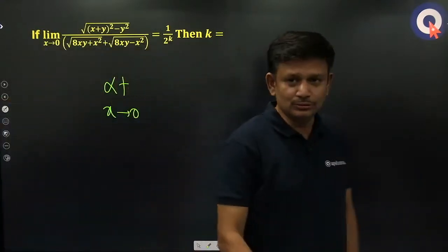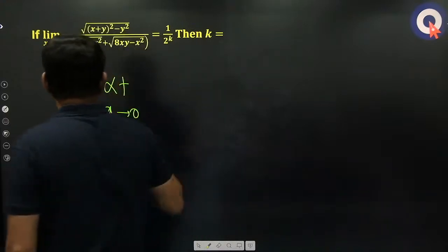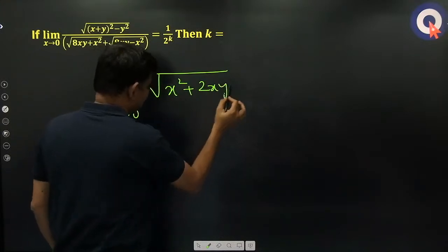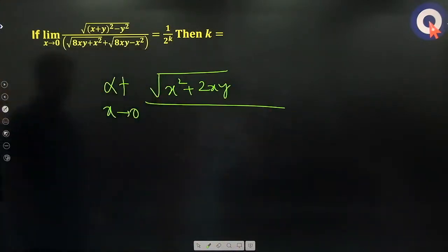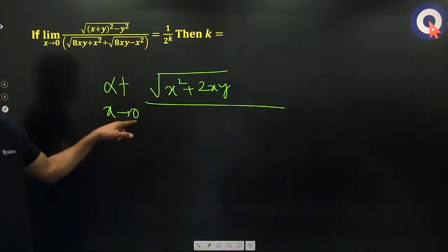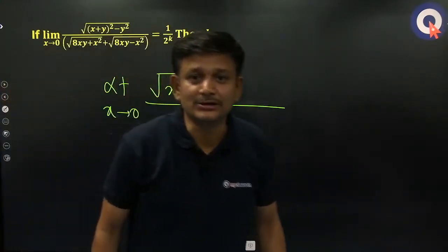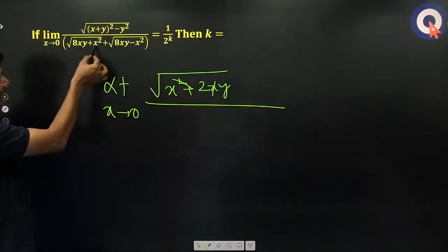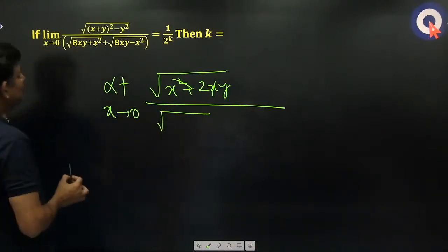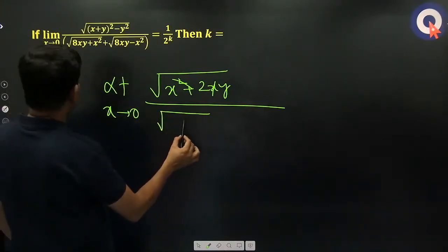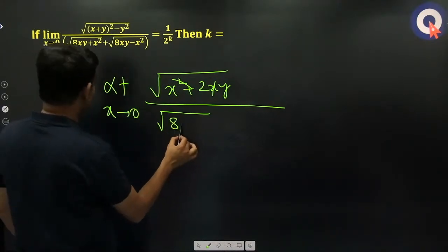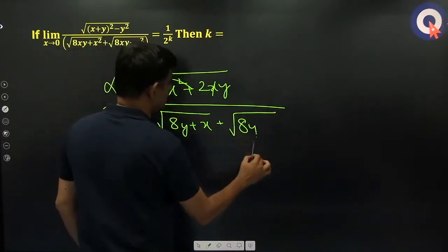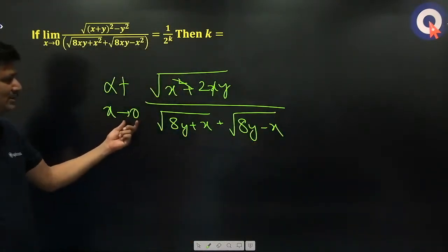Without which also, let me try to do it. y square is getting cancelled. So what is the numerator? x square plus 2xy divided by... no, here x is tending to 0, so x has to get cancelled. So I take one x outside and cancel it; here there is also an x, and here too, so it gets cancelled. Then what I am left with is root of (8y plus x) plus root of (8y minus x), and x is tending to how much? 0.